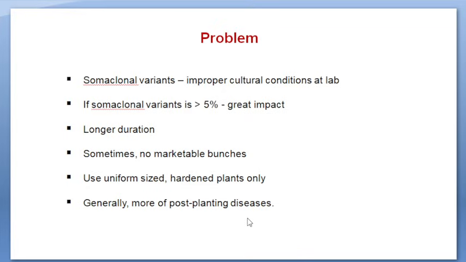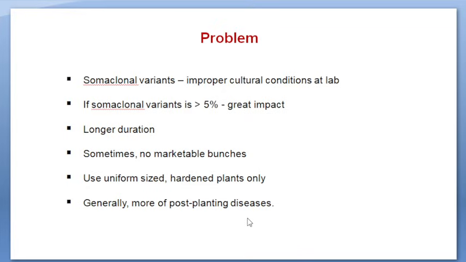Even after selecting tissue culture banana, we can see some problems, that is somaclonal variation. What is the drawback of selecting these tissue cultured bananas? That is somaclonal variation or somaclonal variants. Normally, the purpose of tissue culture is to produce uniform planting material.